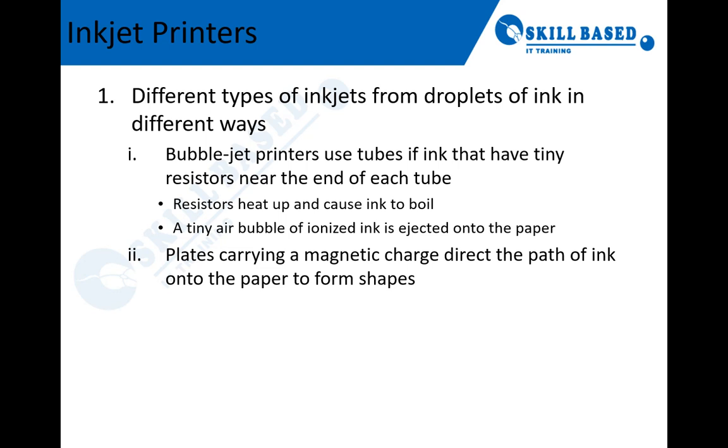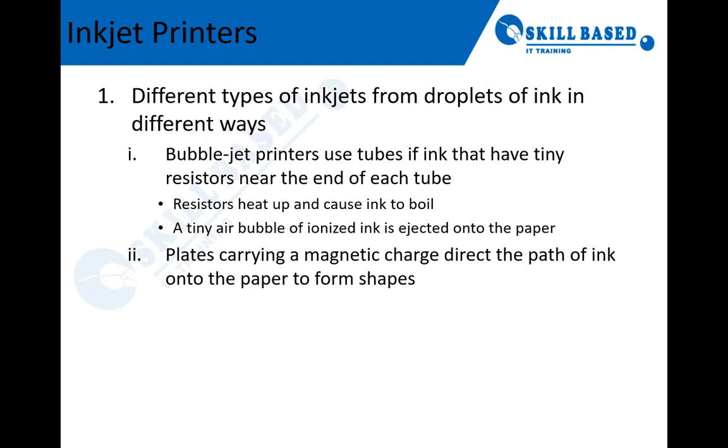The first one is called bubble jet printers. Bubble jet printers use print tubes, where the ink has a tiny resistor. Every exit of the nozzle, which we call the nozzle, will fire droplets onto the papers. How do they fire? You have a resistor, and when a tiny charge is sent to the resistor, it heats up and causes the ink to boil, creating a bubble.